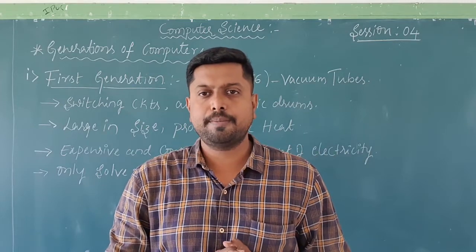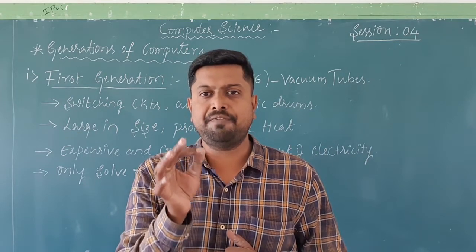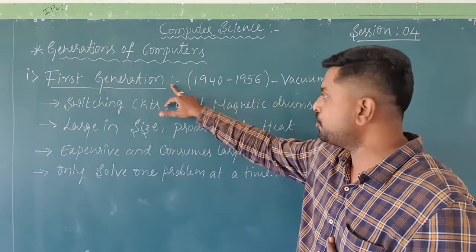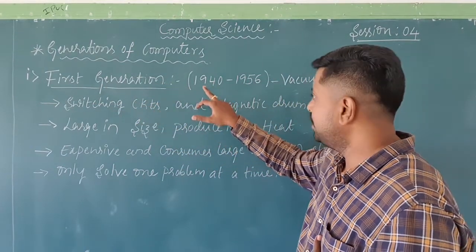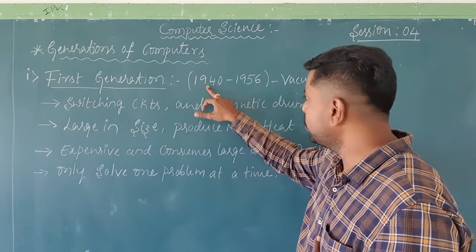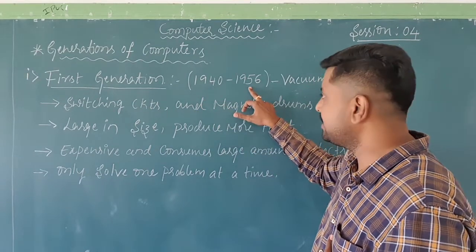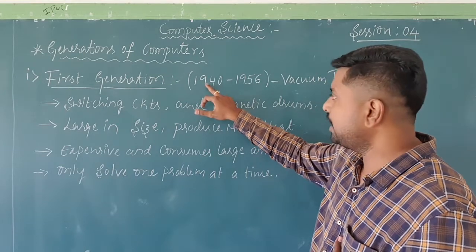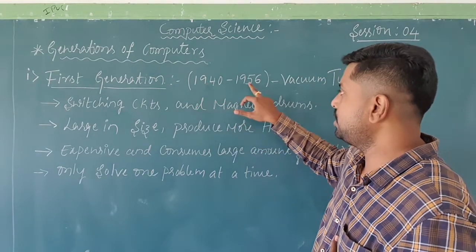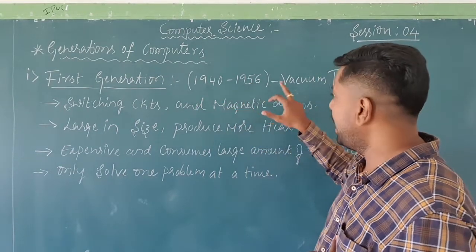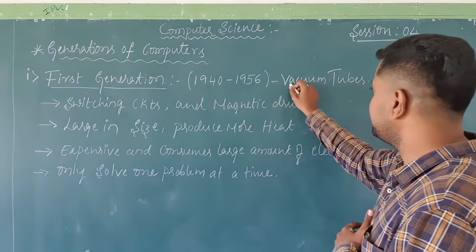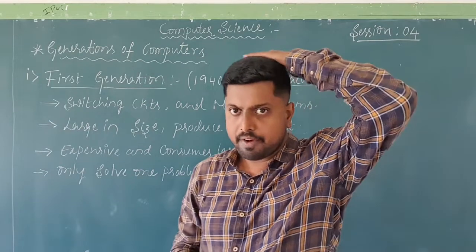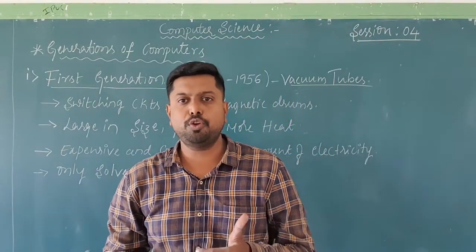So dear students, coming to the first generation of the computer, it is the year 1940 to 1956. Remember the year, once again I am repeating, 1940 to 1956, and the invented device is vacuum tubes.